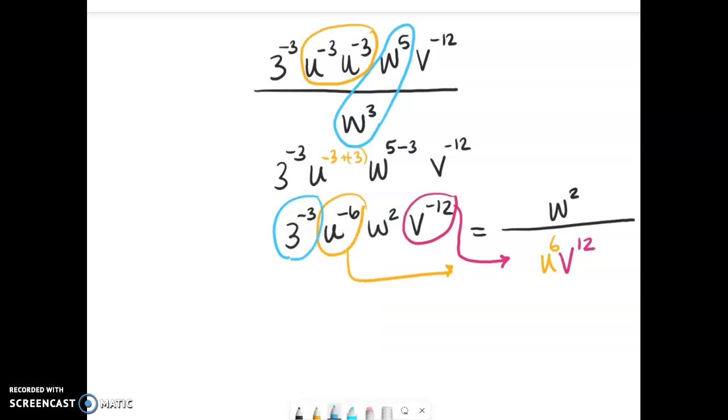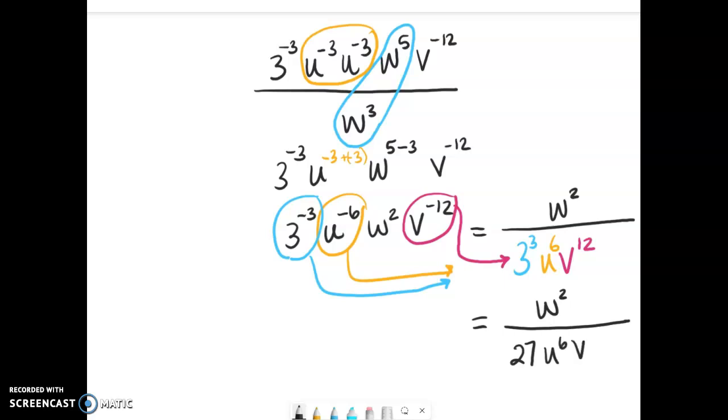We've got 3 to the negative 3. So that also is going to go in the denominator and become positive. So this will be my answer here. One last step is I can calculate 3 to the third power. It's 3 times 3, which would be 9, times another 3 would be 27. And so this would be my answer to that problem.